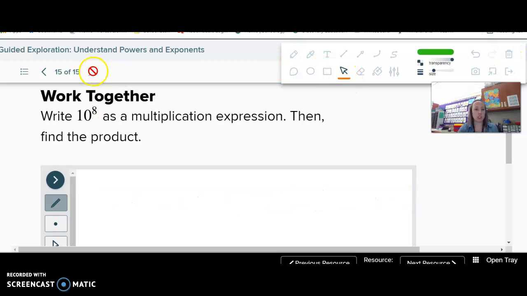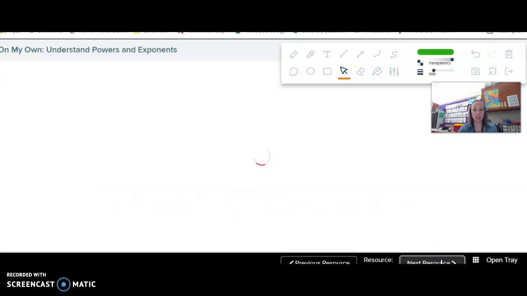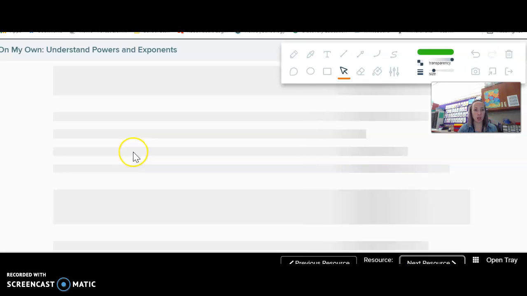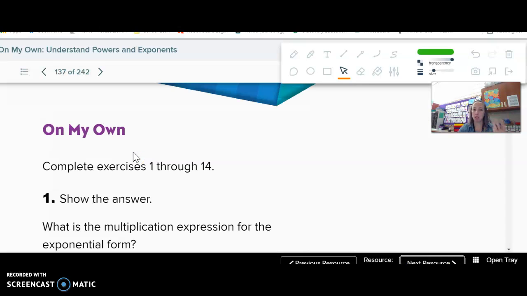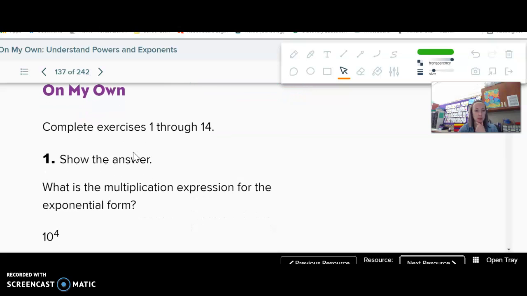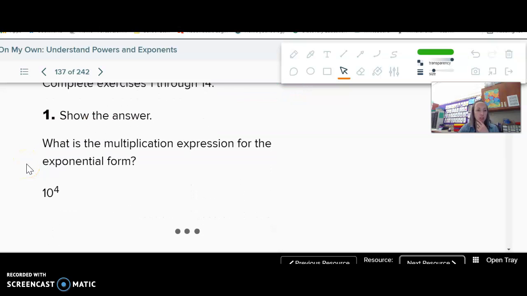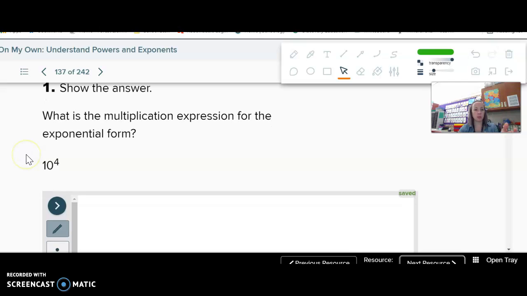All right, we're just going to do a few more. If you're feeling confused, feel free to ask for help. This is the first time you might be really paying attention to exponents, so it's okay if it's confusing. All right, what is the multiplication expression for 10 to the 4th power?